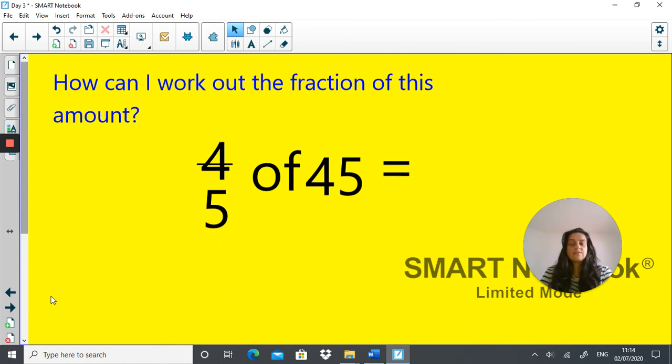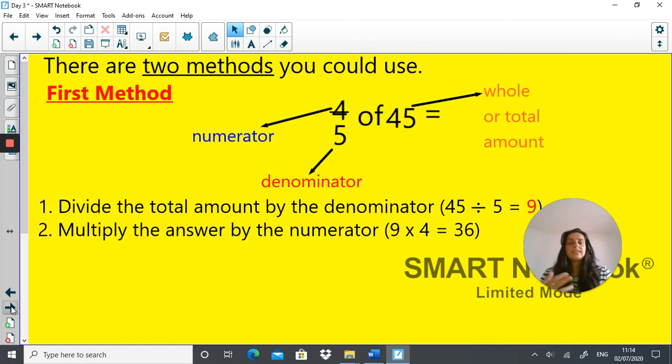So let's look at this in more detail. Here we have a numerator, denominator, and the whole or total amount is 45. You divide the total amount by the denominator, so 45 divided by 5, which equals 9, then that answer, 9, is multiplied by the numerator, so it's 9 times 4. The answer to this is 36.